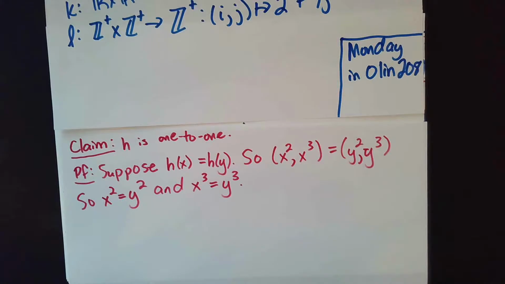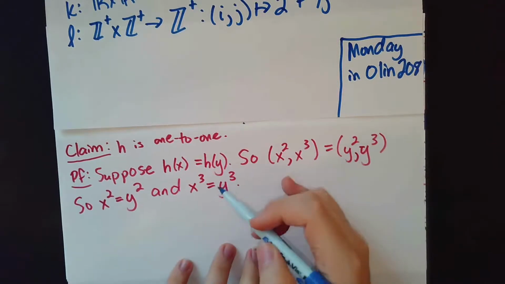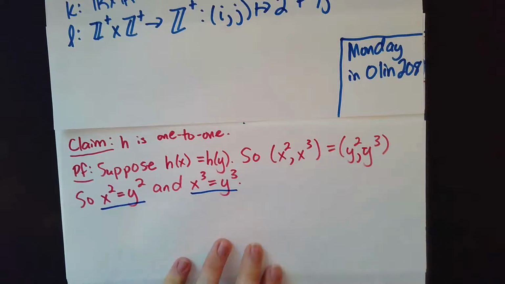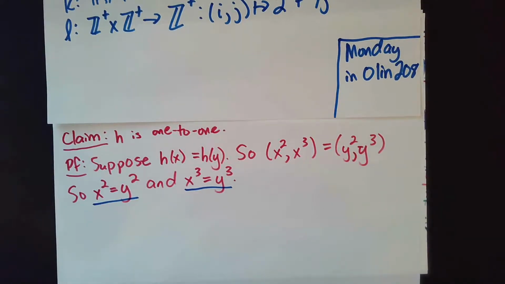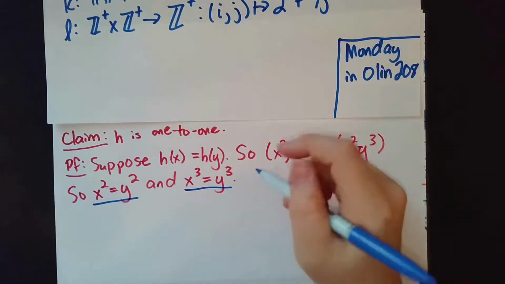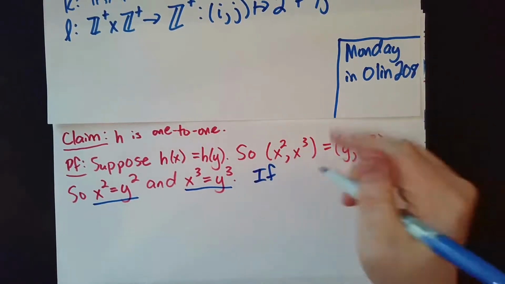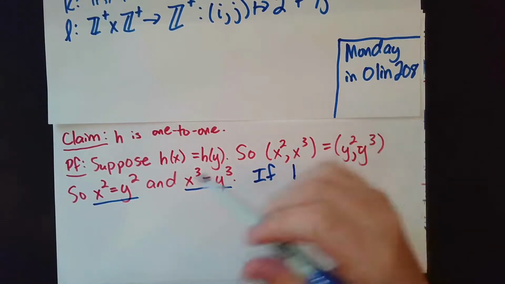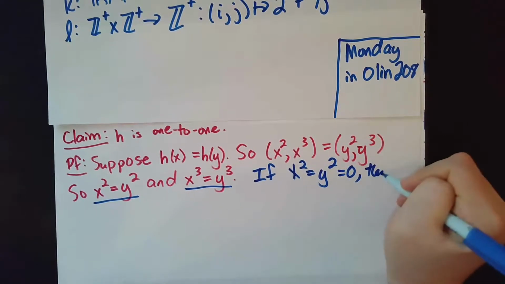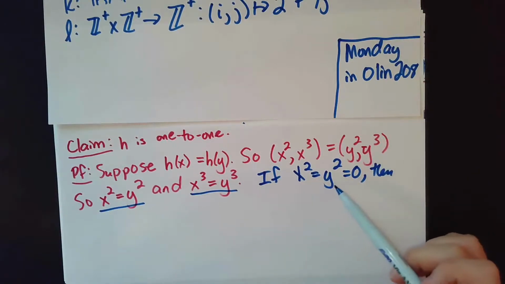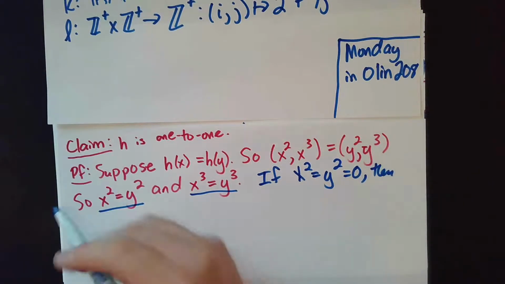And there are a lot of ways to handle that. One way, I think, is to realize that if you divide this equation by this equation, then you end up with x equals y. And so if I want to divide an equation by another equation, the only thing I have to check is that I'm not dividing by 0. Okay. And so I want to note, if x squared equals y squared equals 0, then it is certainly the case that if you square a number and get 0, that number was 0.